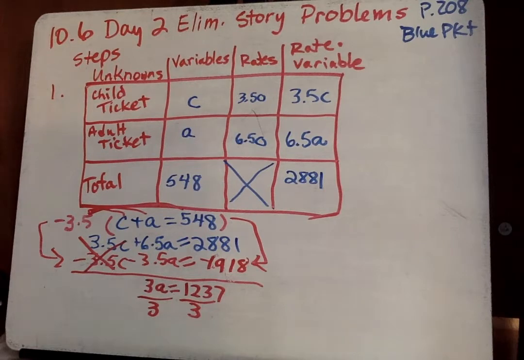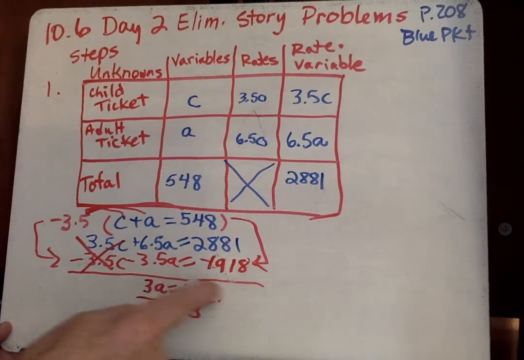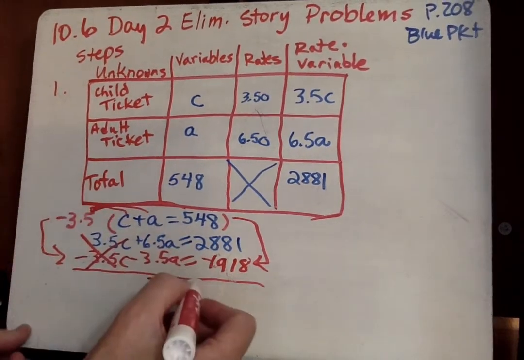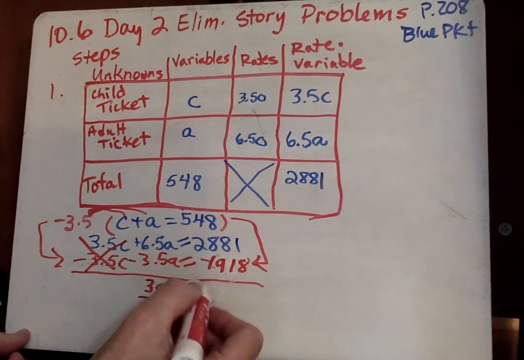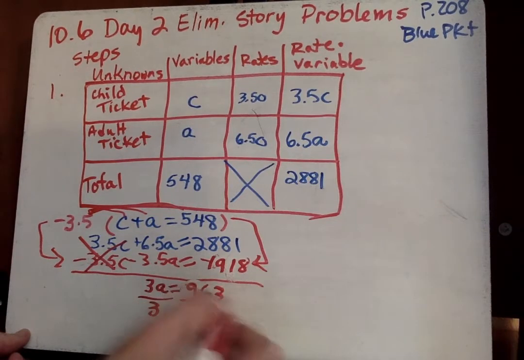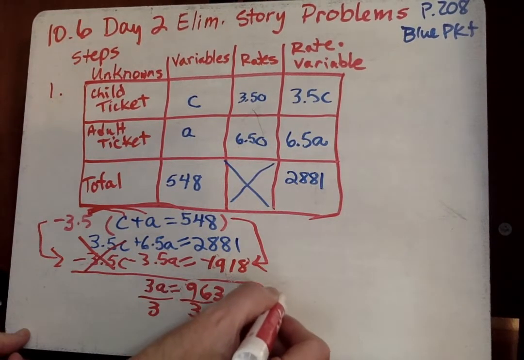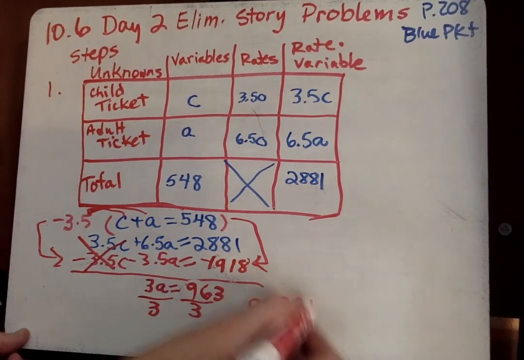So if I get that, make it negative, and I add 28.81 equals 963. And then 963 will divide by 3. And so A equals 321.